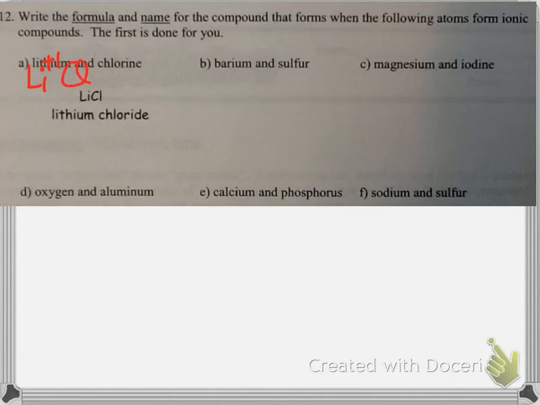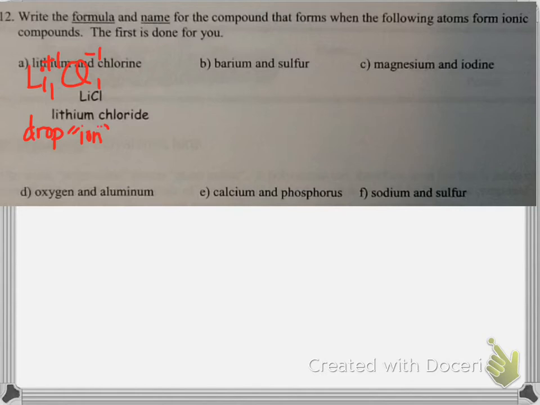Chlorine is in group 7A, so it has a charge of -1. I crisscross down my 1s, and I don't write 1s, so it's just LiCl. In terms of naming it, it's lithium ion and chloride, so it becomes lithium chloride. So we drop the word ion when we write it together as a compound.